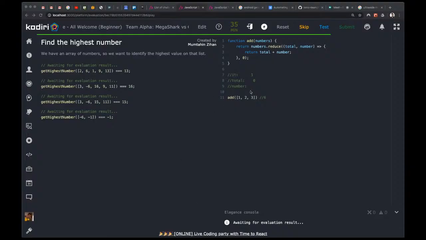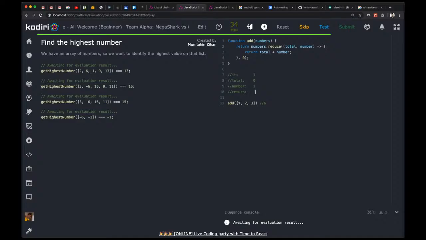So Aaron, do you know what's the first number? One. Why 1? That's correct, my friend. That's absolutely right. So on the first iteration, number will refer to 1. And then I got the question for Max.